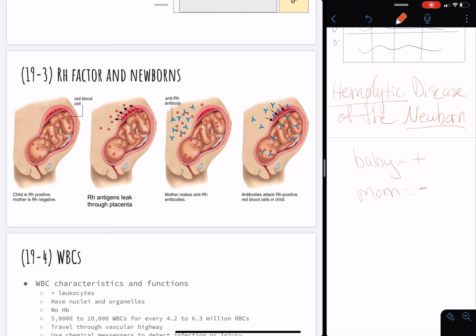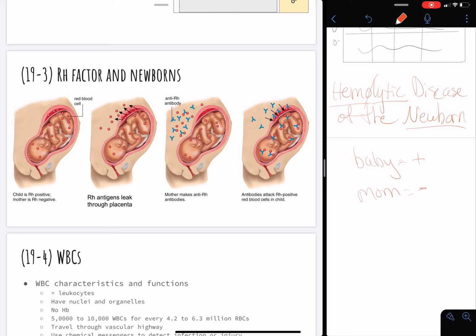Let's imagine we're in gestation, and baby started making its own red blood cells, and those antigens are on the red blood cell surface. Some of those antigens don't only exist on the red blood cell surface. They are also able to travel in the blood plasma, and they're so small that they can actually cross over the placenta.